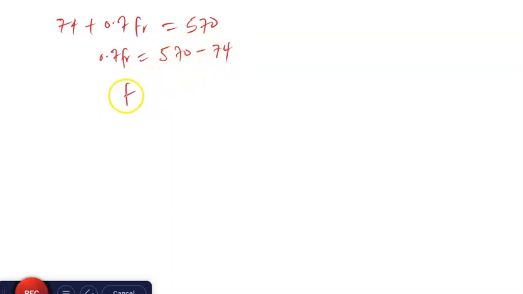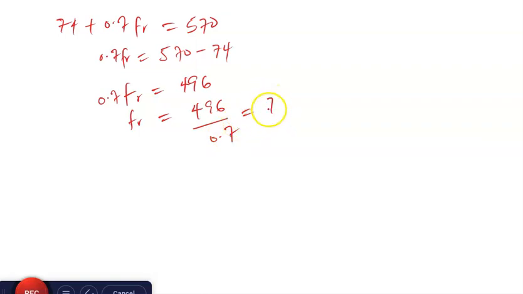So 0.7 FR is equal to 496. FR is given by 496 over 0.7. So the reaction at C will be 708.59, which is approximately 709 newtons.